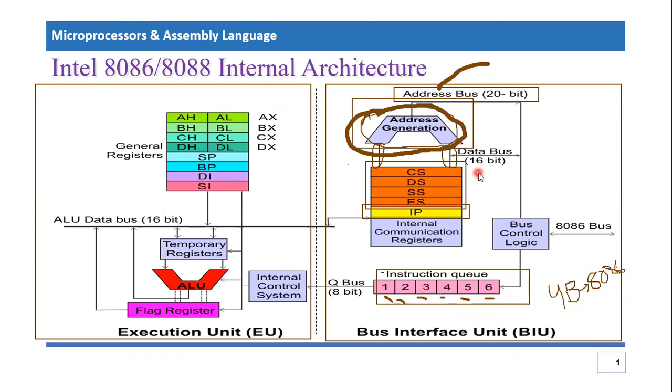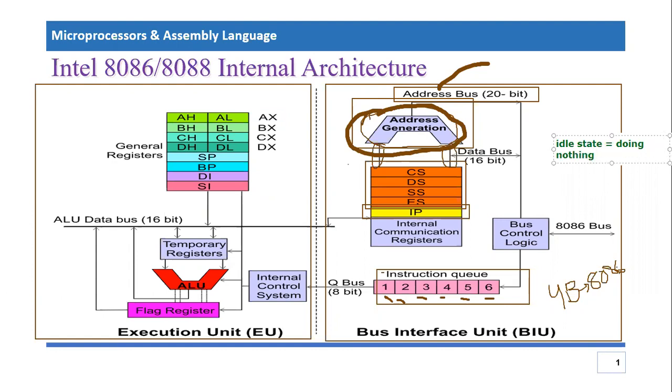When the bus interface unit is doing nothing and is still waiting for the instruction queue to be empty, that waiting time is known as the idle state. Let me write it for you: idle state. Idle state means the processor is doing nothing.